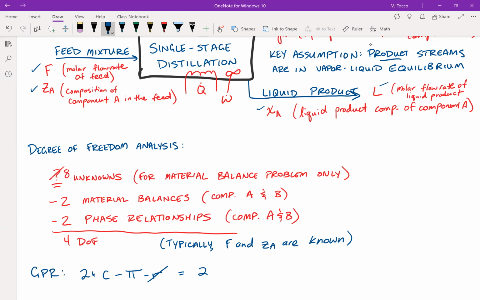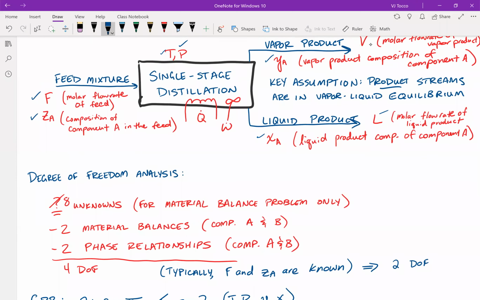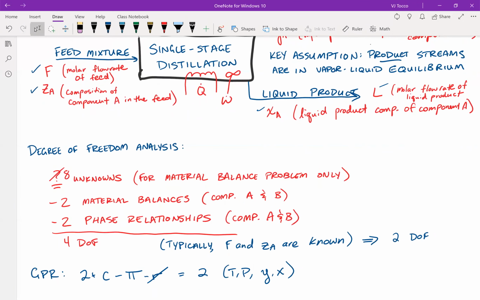But my options for Gibbs phase rule, remember, are T, P, X, and Y. And this is why I've defined the variables like this, right? So of my options of the 2 unknowns, after I specify what F and ZA are, 2 degrees of freedom, I have to specify 2 out of these. In other words, I cannot specify L and V and have a completely specified problem by Gibbs phase rule.